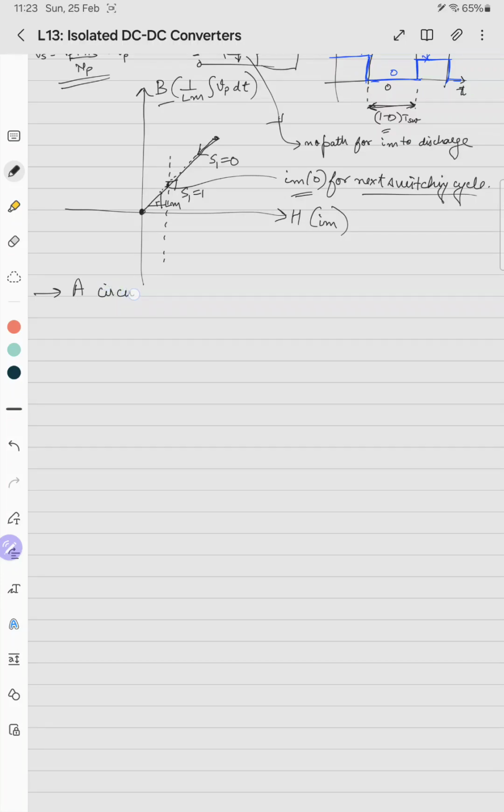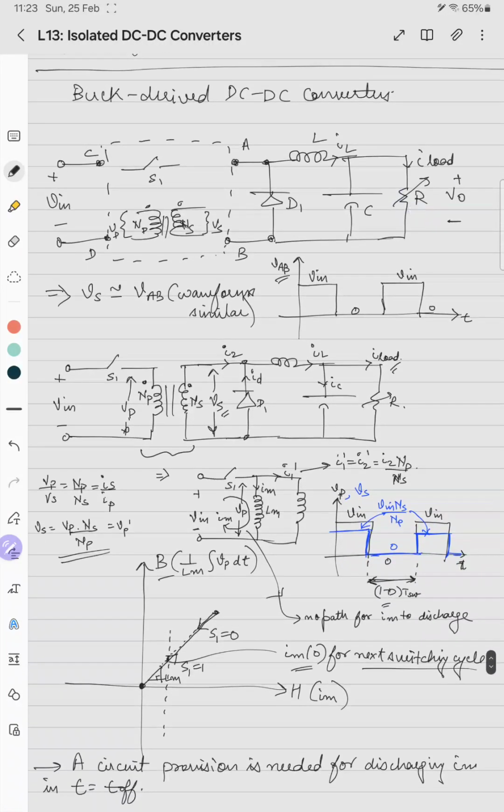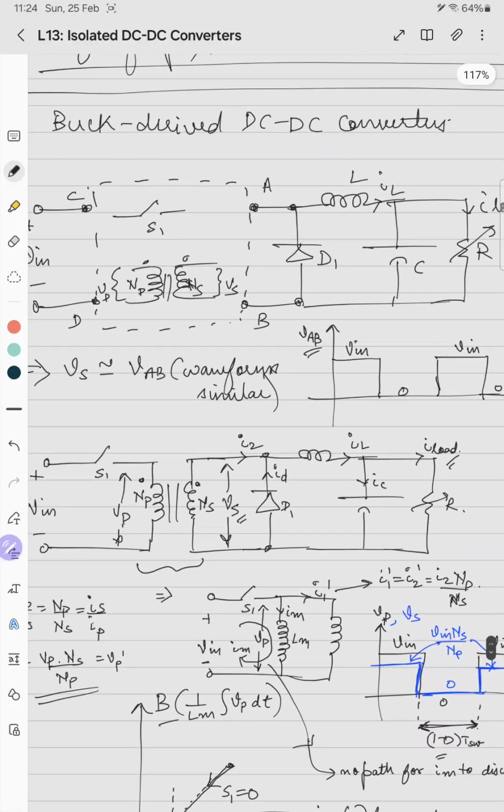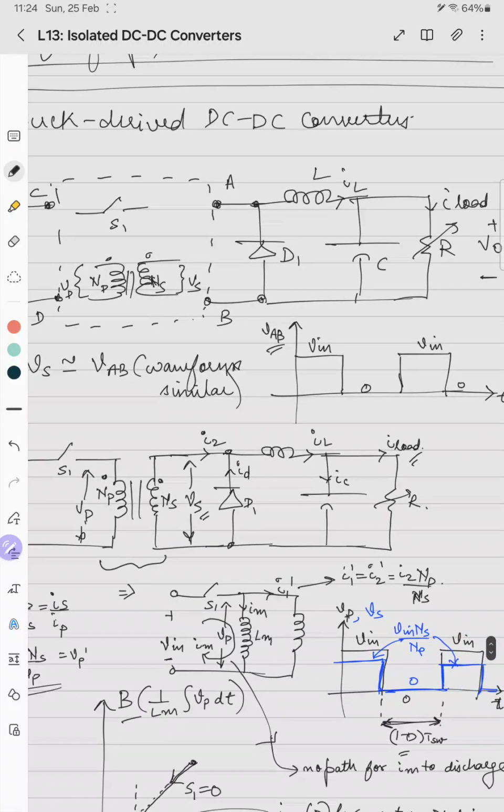So a circuit provision is needed for discharging Im in T equals to T off. There should be a circuit provision. So in the present circuit there is no provision, there is no path. So what we'll do is we'll copy the fundamentals which you already used while designing the DC-DC converters.